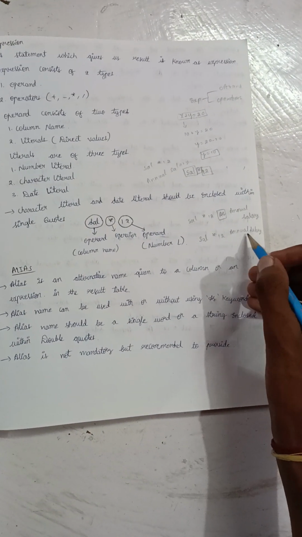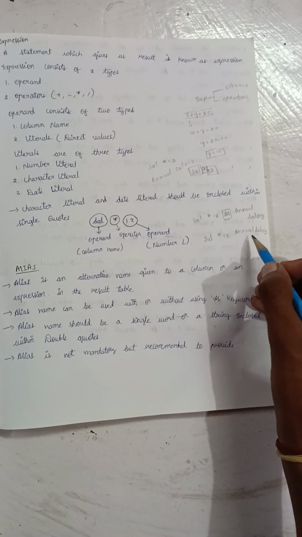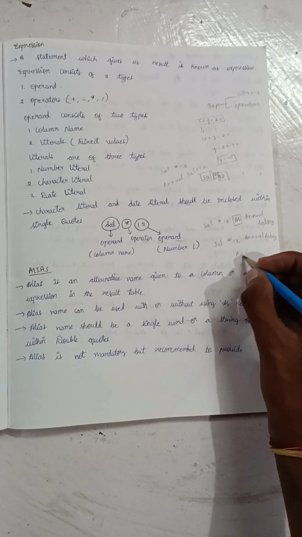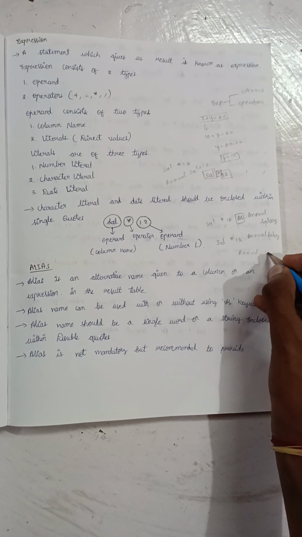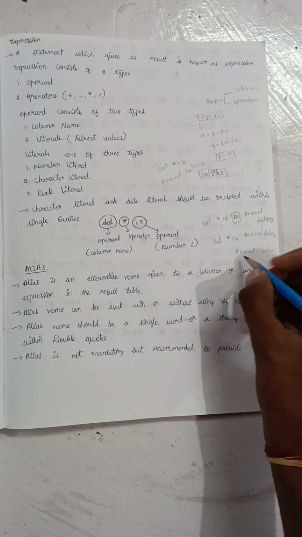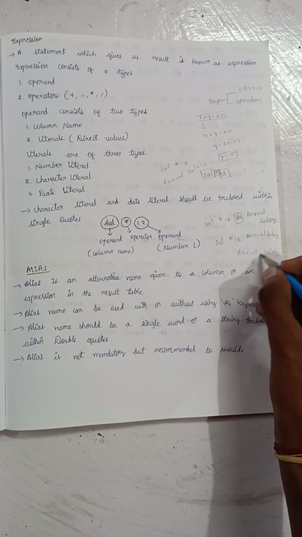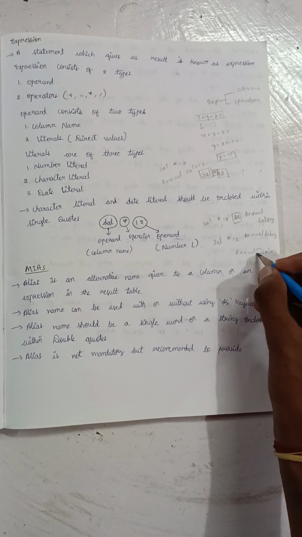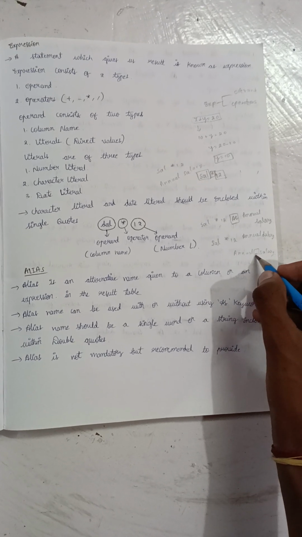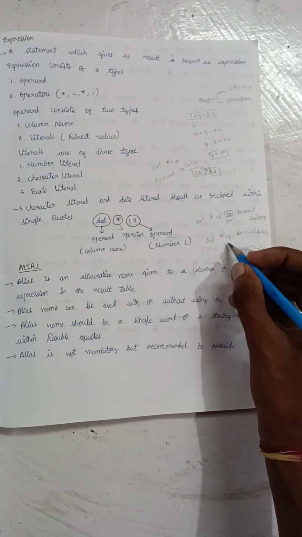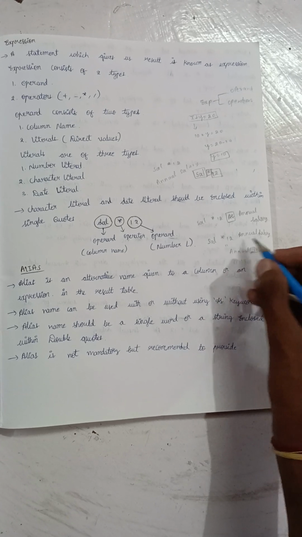If we write annual space salary, it will not execute because of the space. If we want to use a space, we have to place double quotes.